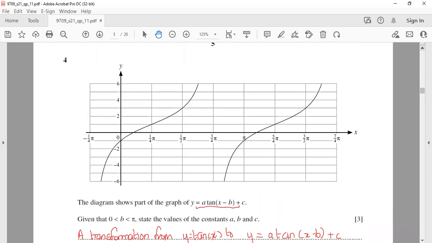So, if we consider this graph over here, I can see that the graph starts from this point. It does not start from the x-axis, but rather from here.